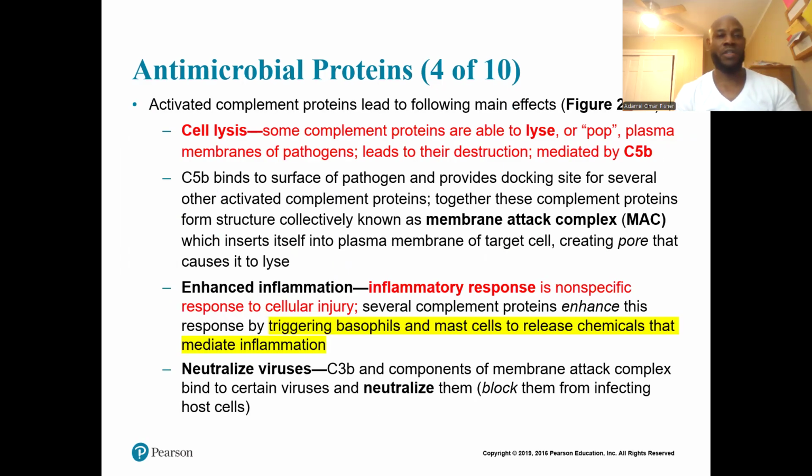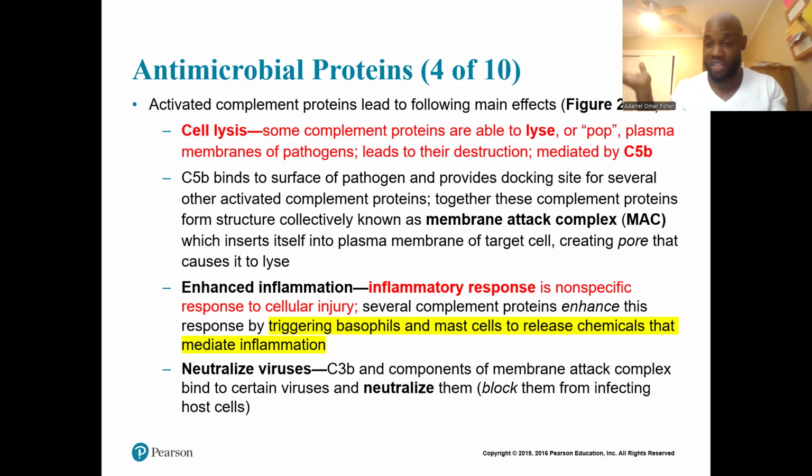And then what happens? Activated complement proteins lead to the following effects. Cell lysis. Some complement proteins floating around in your blood plasma become activated, and they're able to lyse, basically pop or blow up, the plasma membranes of pathogens.